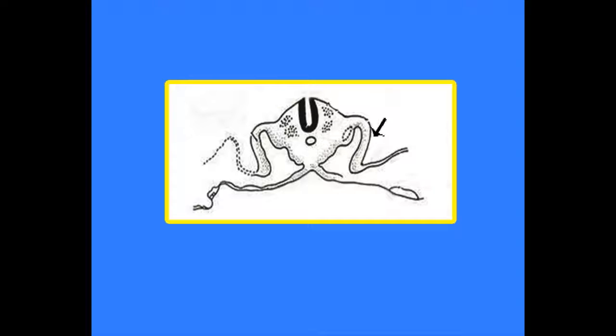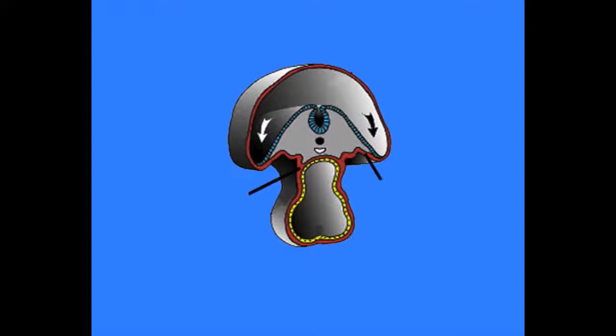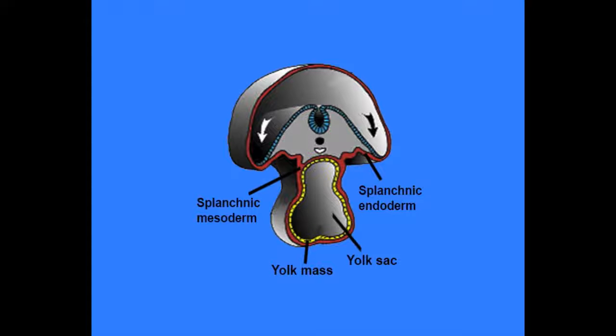These folds are termed as the body folds. The extraembryonic splanchnopleure, that is splanchnic mesoderm plus endoderm, constantly spreads over the yolk mass and eventually the yolk sac encloses the mass of yolk in a large measure.